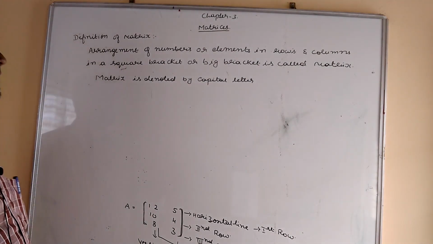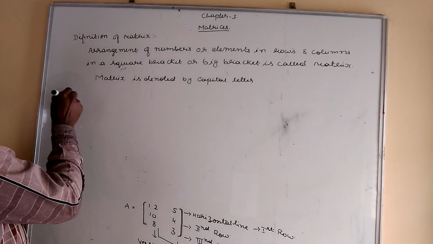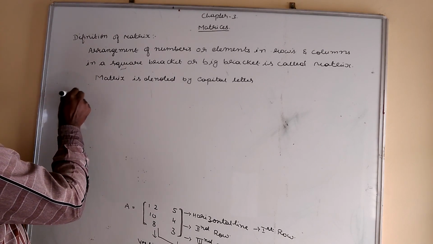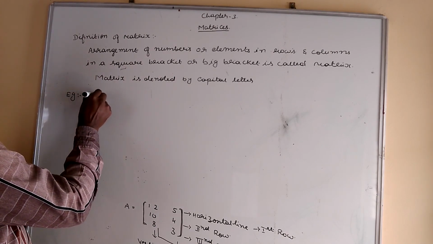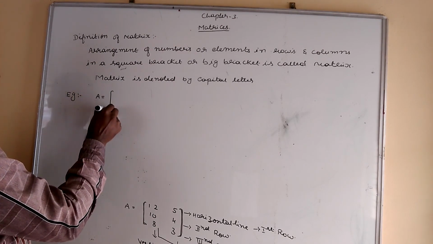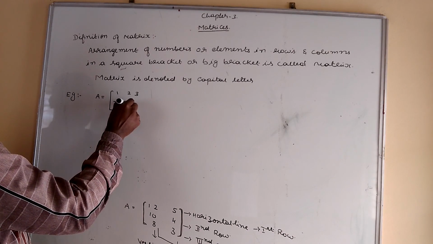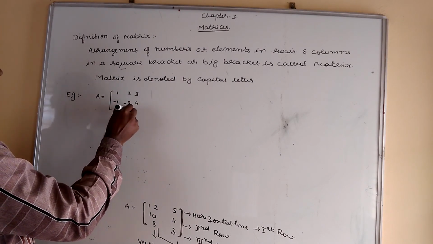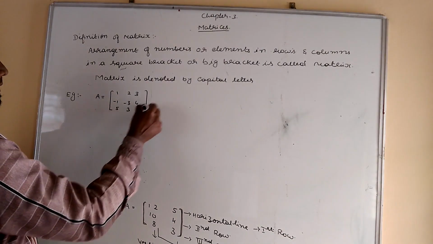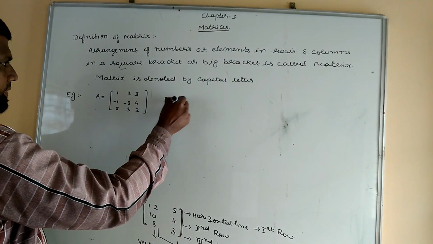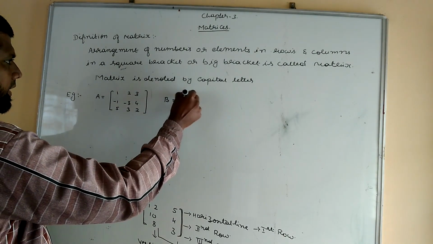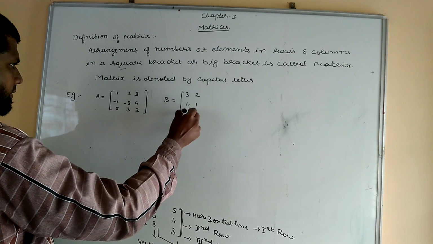So let us take some examples of matrix. One, two, three, -1, -3, 4, 5, 3, 2. Second example, 3, 2, 4, 1, 1, 2.